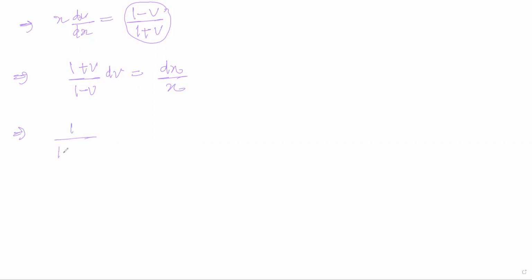It can be written as 1 by 1 minus v into dv plus, okay, so 1 plus v can be converted into the form of 1 minus v, right? If you take minus common, you can easily convert it in the form of 1 minus v. So it would become minus of v minus 1.